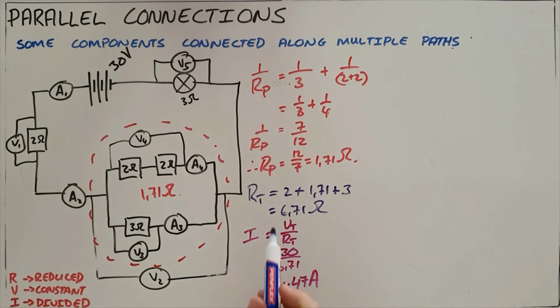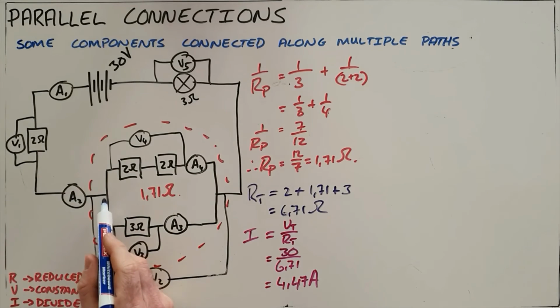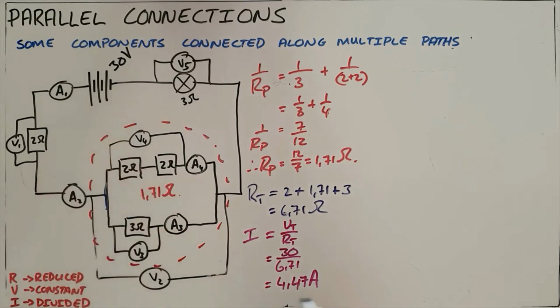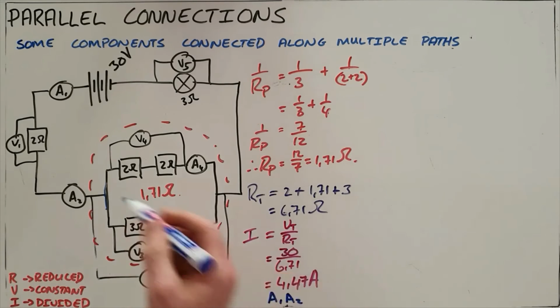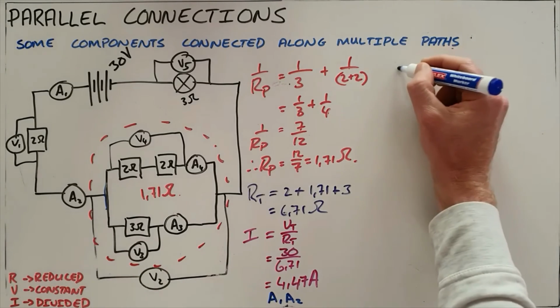It's important to note that that is the total series current. We know that current is divided in a parallel circuit, so it is going to split at that point, but that is going to be the reading on ammeters A1 and A2 because they are in series.